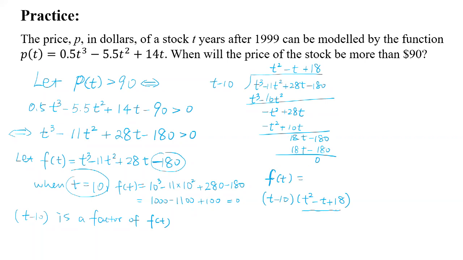Okay, now you can check if this expression here can be further factored. So note that the determinant is 1 minus 4 times 18, which is apparently less than 0. So there are no zeros for this quadratic, right? Okay, so that means it cannot be further factored.